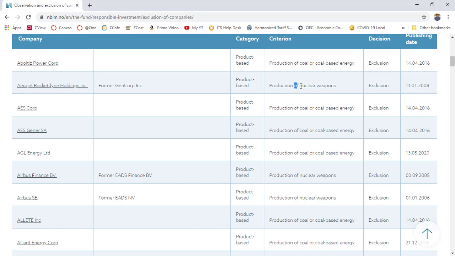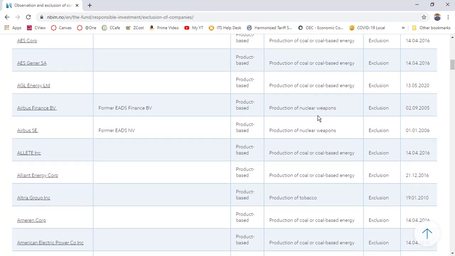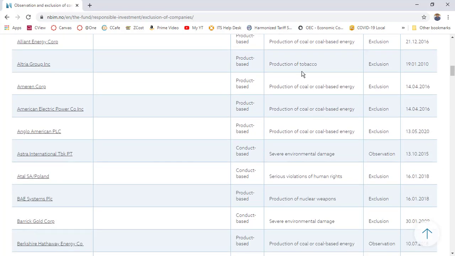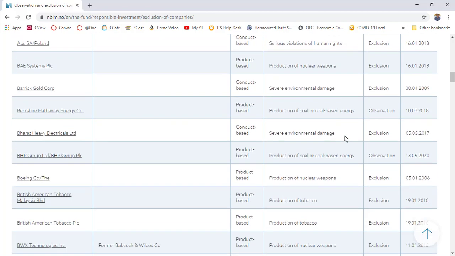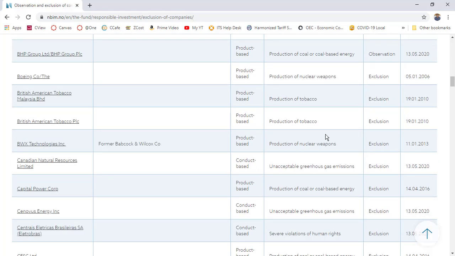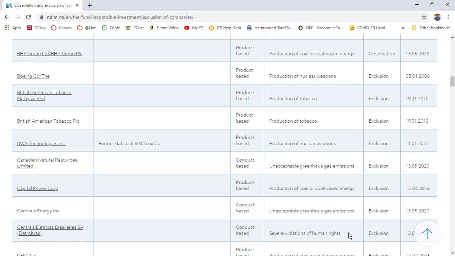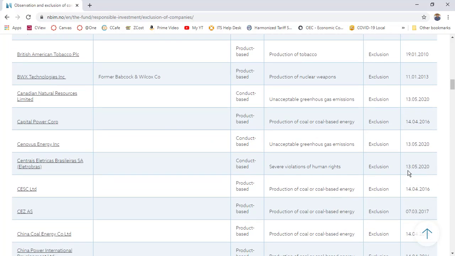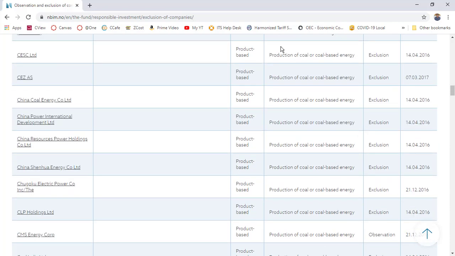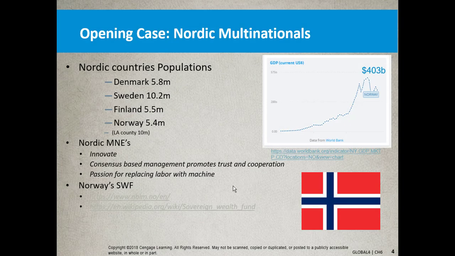Look at this, nuclear, right? So coal, nuclear, any dirty stuff, right? Dirty fuel, tobacco, nuclear weapons. Sometimes it's, in this particular case here with Brazil, severe violations of human rights, excluded this year, by the way. So anyway, just wanted to show you this so that you can get a little bit more out of that.